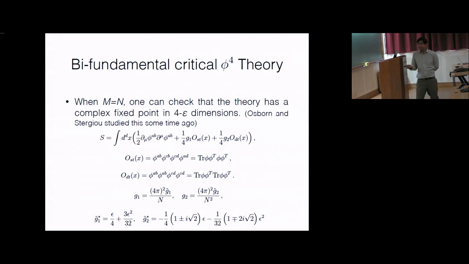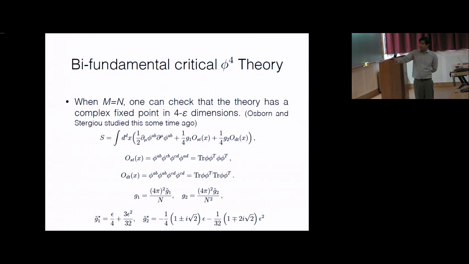So in fact, even for this bifundamental critical phi-4 theory, with both ranks equal, m and n, there exists no real fixed point. And here, of course, the dimensions are completely positive. It's a more familiar interaction, so it has nothing to do really with the tetrahedron. So this is for m equals n.